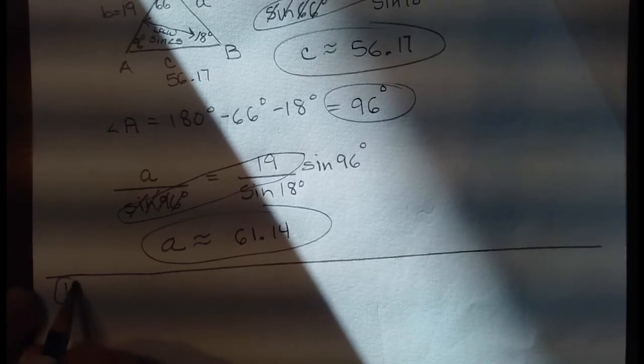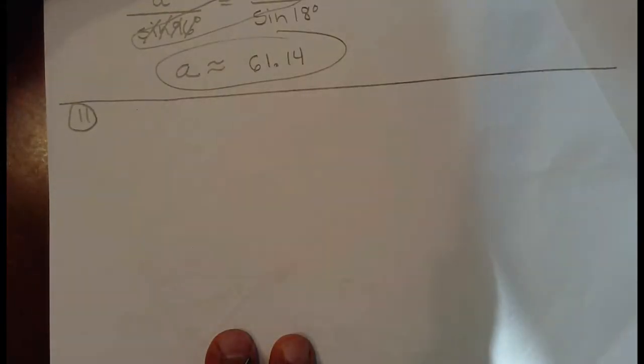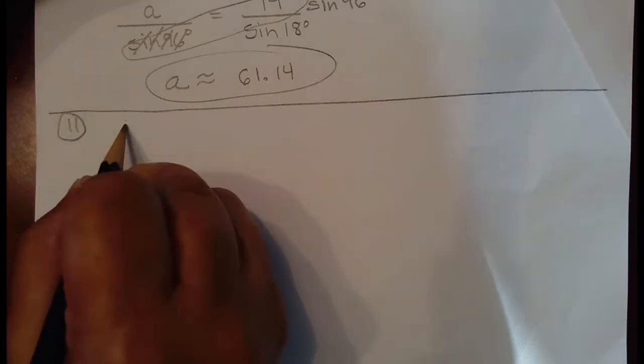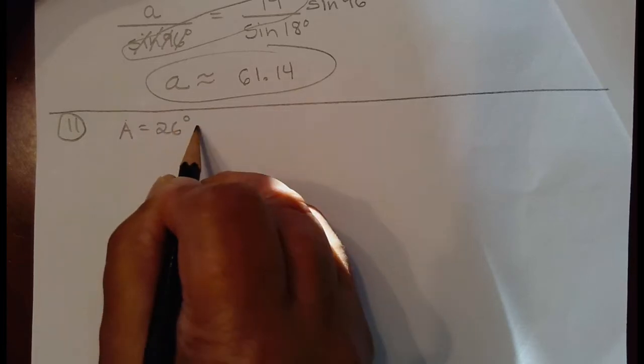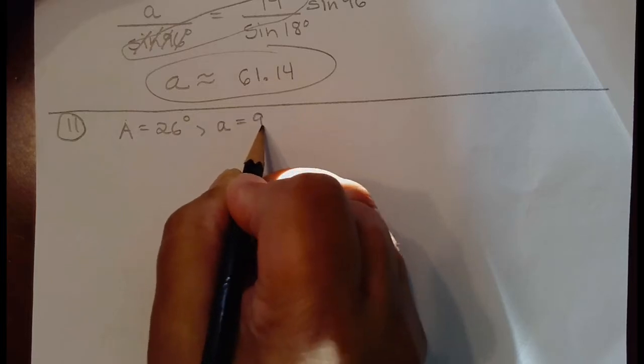Okay, so in problem number 11, I've got this glare from the sun going on here. Okay, so in problem number 11, they give you A is equal to 26 degrees, a is equal to 9, and b is equal to 10.